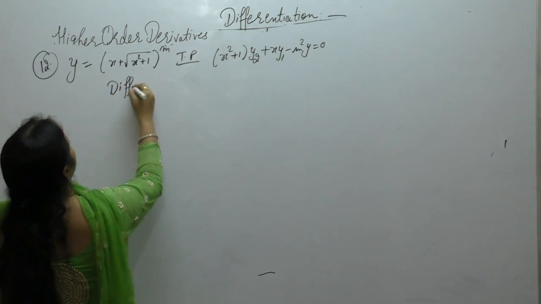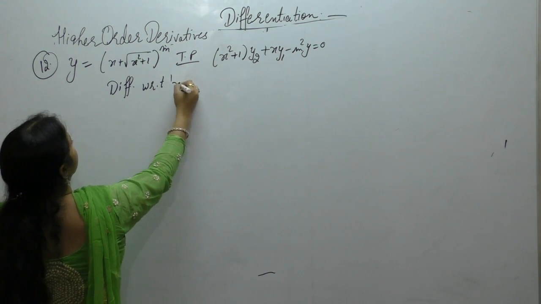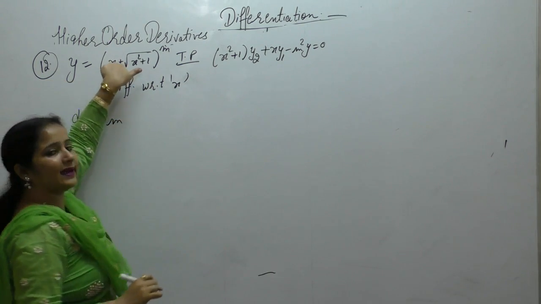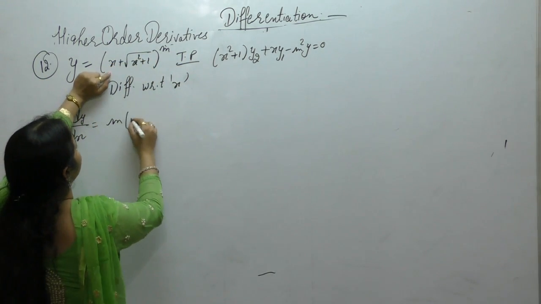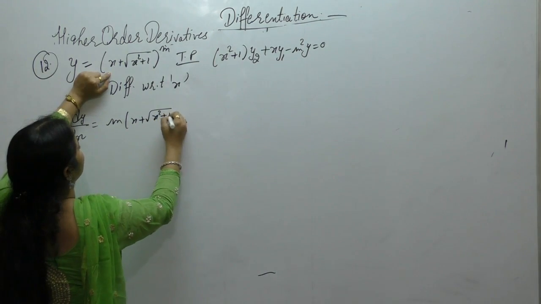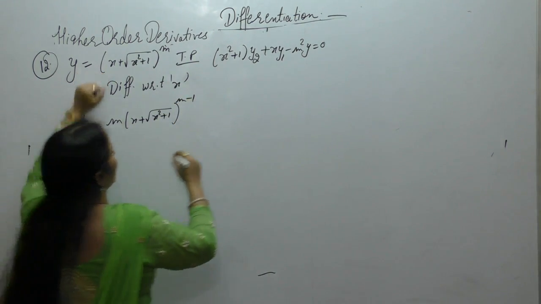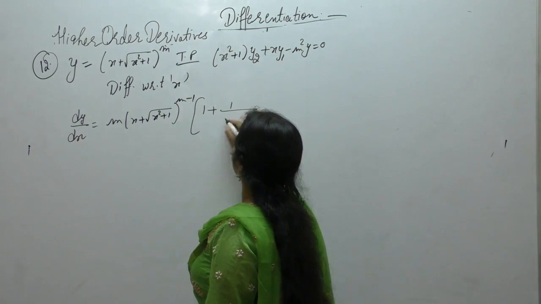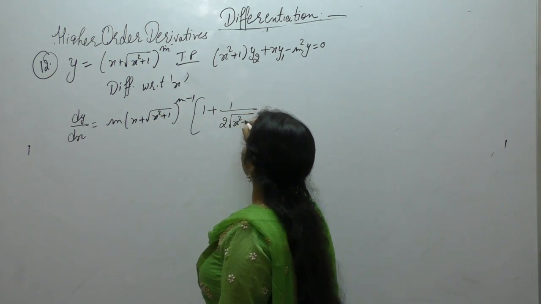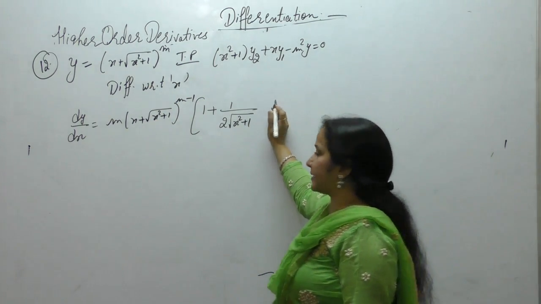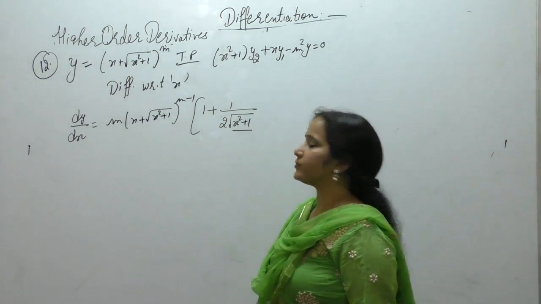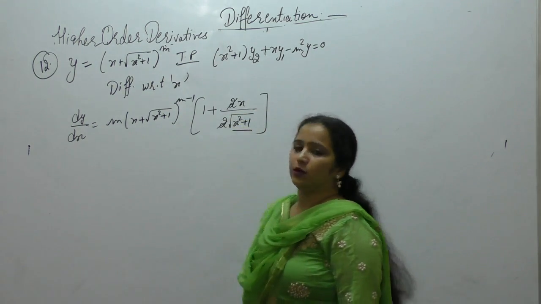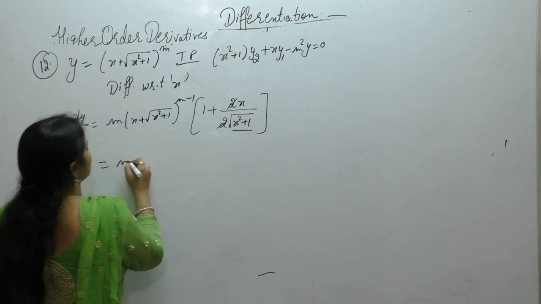Differentiate with respect to x. dy upon dx, let it be x, x power m minus 1. Now derivative of this term, derivative of x, derivative of square root of x is 1 upon 2 square root of x. x is this term, so derivative of x square is 2x and 1 is 0. 2 will get cancelled here, take the LCM.